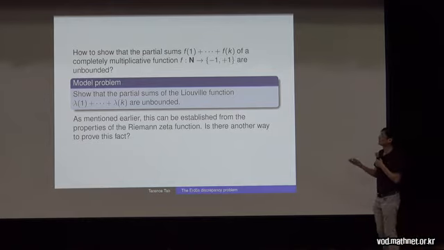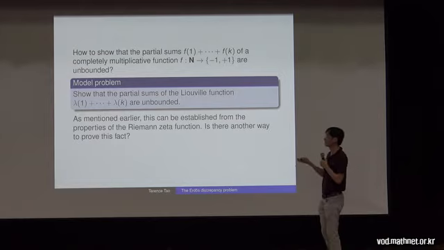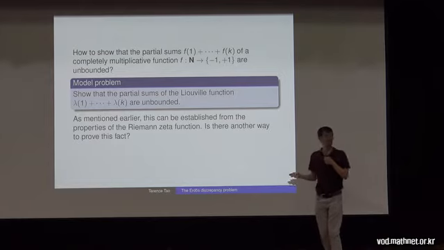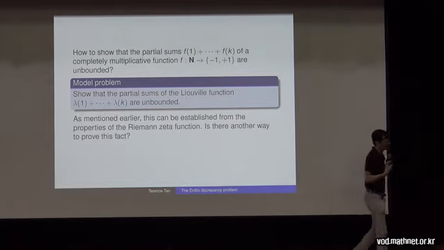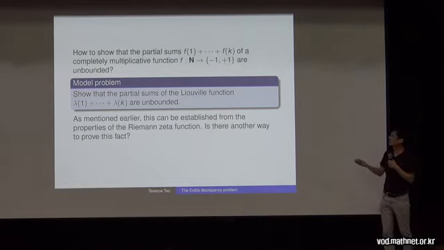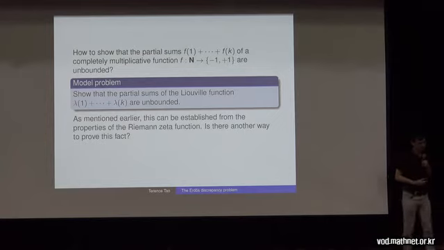But that's a very special property of this one particular function, the Liouville function. Most multiplicative functions have nothing to do with the zeta function. And so you would like a way to answer this question that doesn't use facts about the zeros of the zeta function. So this is a model problem.